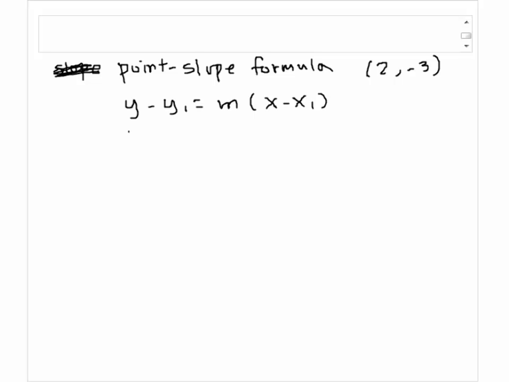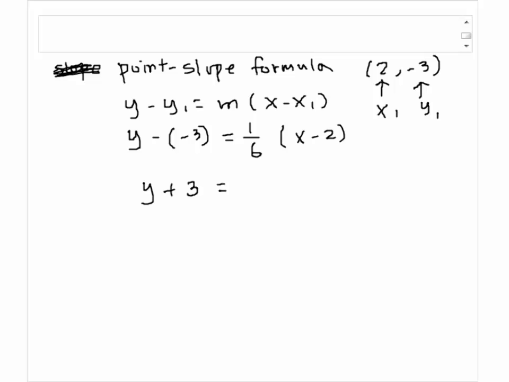So (2, negative 3) would be: 2 is x1 and negative 3 is y1. So the equation becomes y minus negative 3 equals 1 over 6 times x minus 2. So y plus 3 equals 1 over 6x minus 1/3.